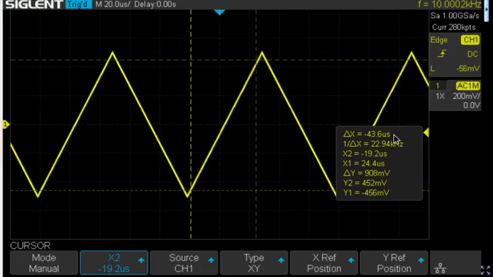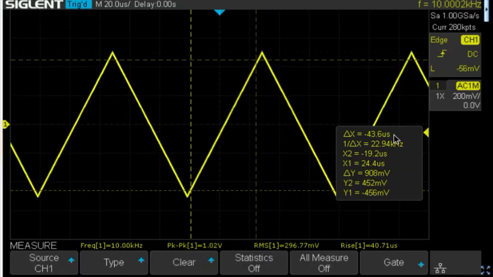Okay. So if I turn on my auto measure feature, I've already set it up to measure the rise time, and it's measuring it at 40.7, right? We positioned it at 43, but that's also by eye too.